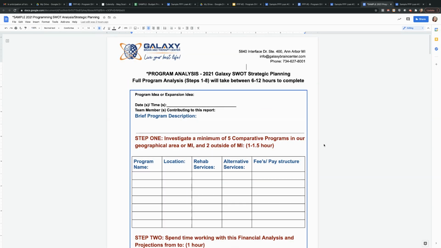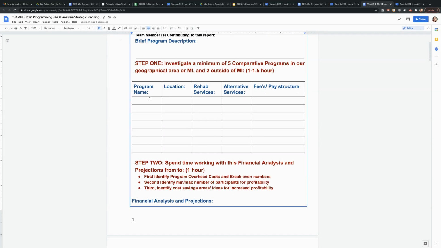So you're going to look at those program names, the location, what kind of services they provide, what kind of alternative services they might be providing, and what their fee, pay, or structure is, which means you might be calling them. You're going to be checking online, but you might be calling them to ask.